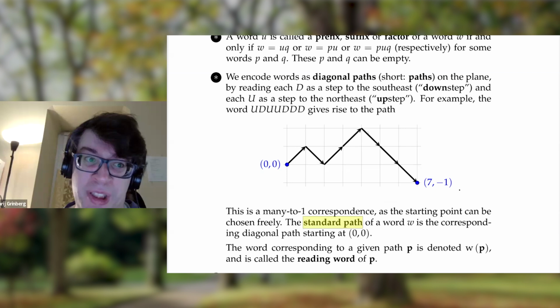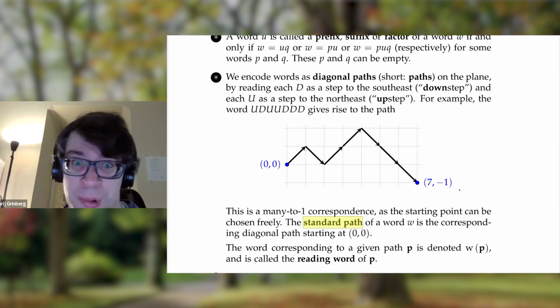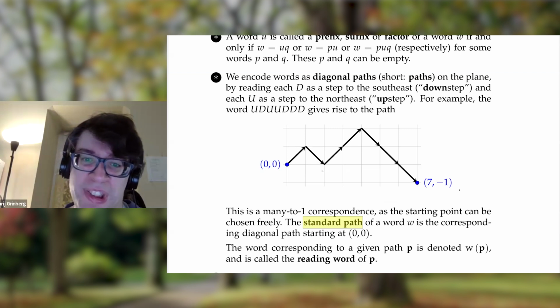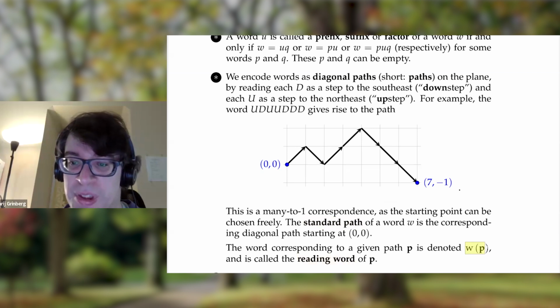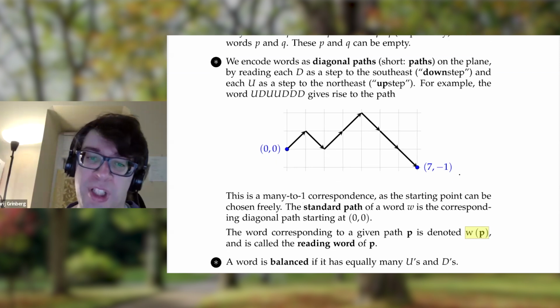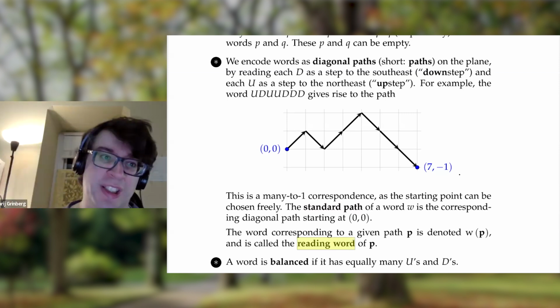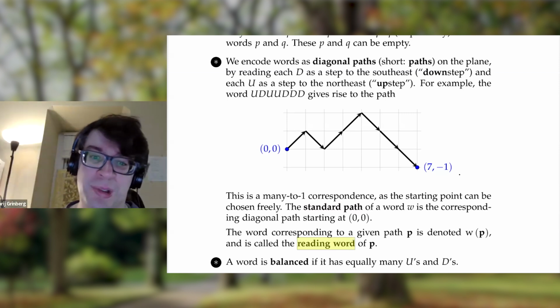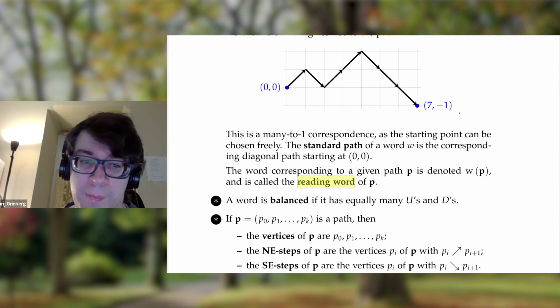Conversely, if you have a path and turn it into a word by reading off its letters, so this is an up step, so you put U, this is a down step, so you put D, and so on, the word will be called the reading word and it will be denoted W of P. So in a way, these two constructions undo each other: standard path, reading word, except of course you don't have to start at zero.